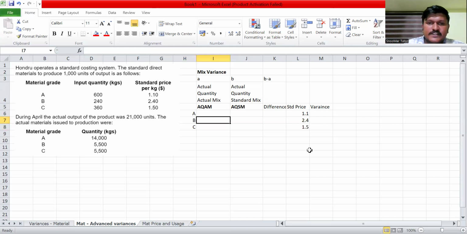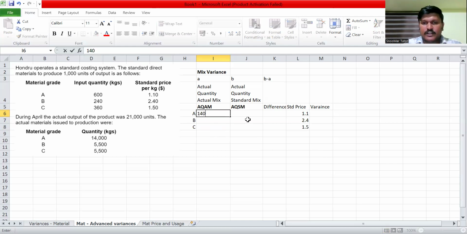Now let's consider your actual quantity, actual mix. It is the actual quantity you have been using. As you can see over here, during April, the actual output of the product was 21,000 units. For the 21,000 units, the actual material consumed by the production was A, 14,000 kg. So that is your actual quantity in the actual mix.